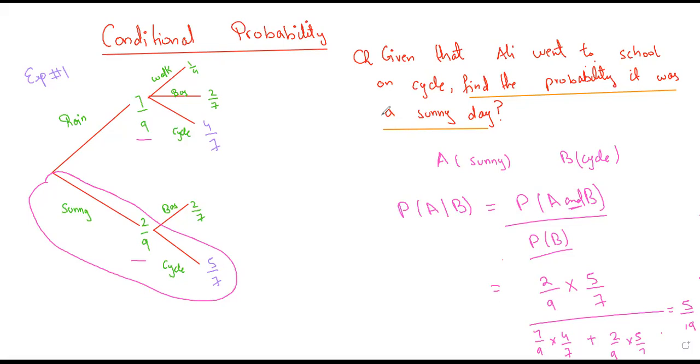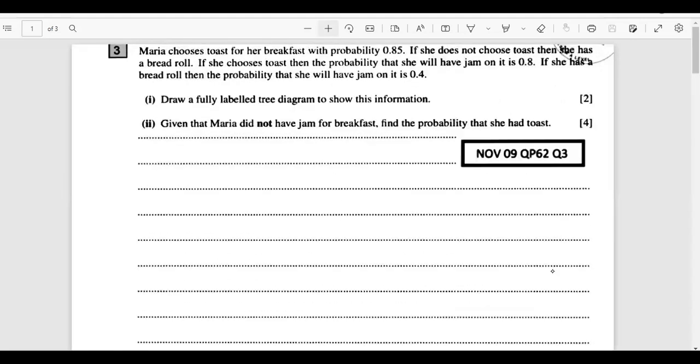I'll stop sharing this. I'll share the PDF for past paper questions. Okay. Let's talk about two past paper questions. So this is the first one. It says, Maria chooses toast for her breakfast with probability 0.85.